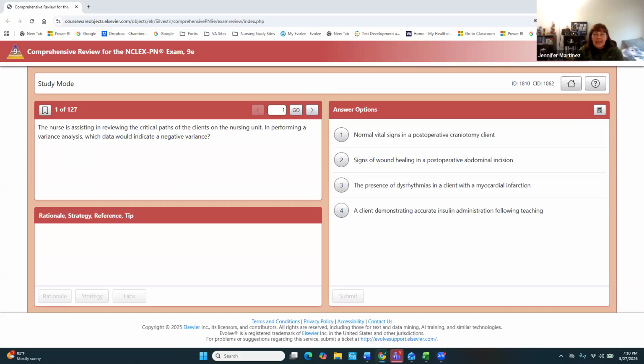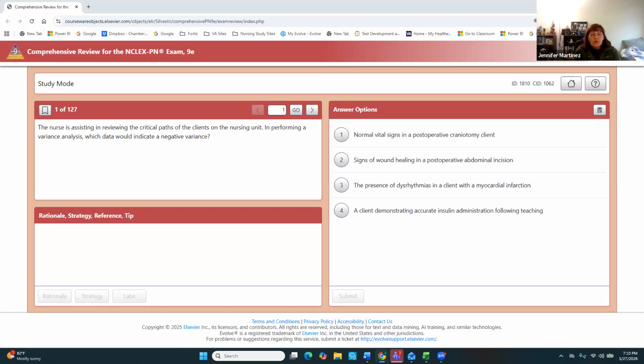Number two is signs of wound healing in a post-op abdominal incision. Number three, the presence of dysrhythmias in a client with a myocardial infarction. Or four, a client demonstrating accurate insulin administration following teaching.